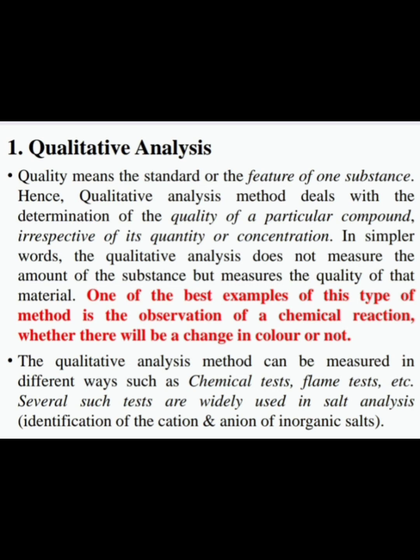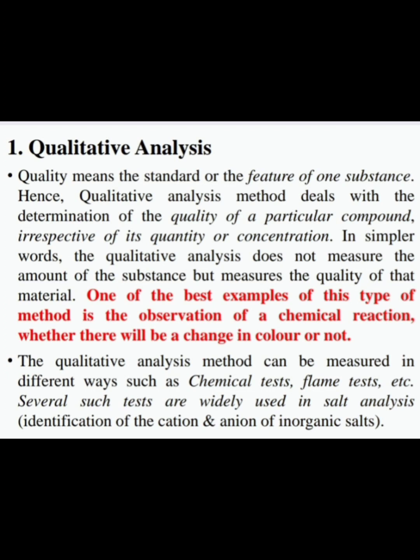One of the best examples of this type of method is the observation of a chemical reaction, whether there will be a change in color or not. Second, the qualitative analysis method can be carried out in different ways, such as chemical tests, flame tests, etc. I have made a video on the flame test.